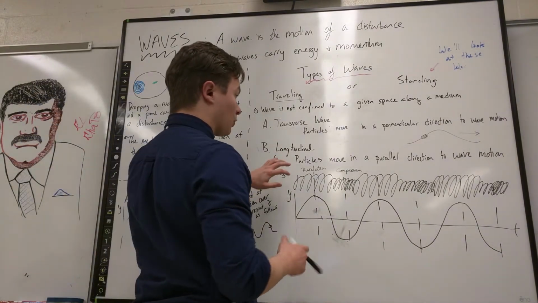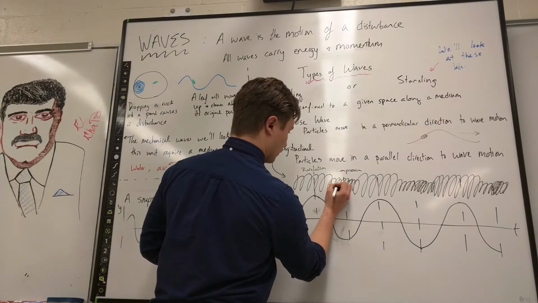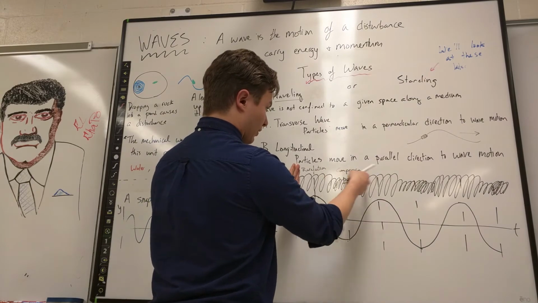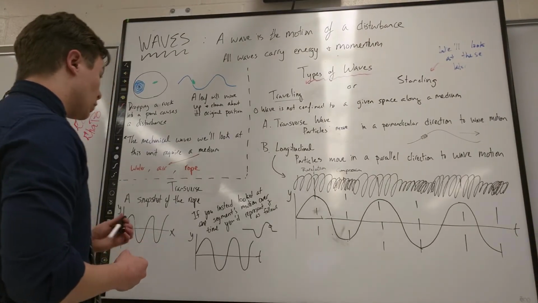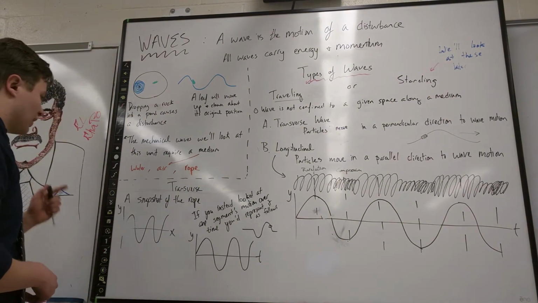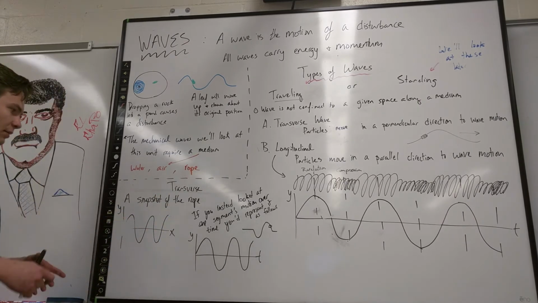So the particles, if we were to look at one part of the spring, it's only moving this way to the right or left at any given point, so it's a longitudinal wave.